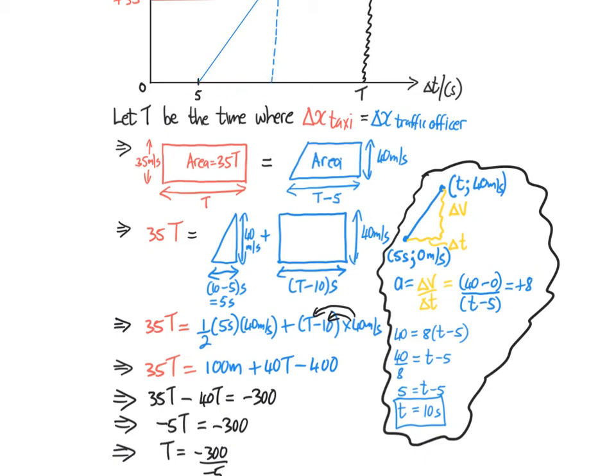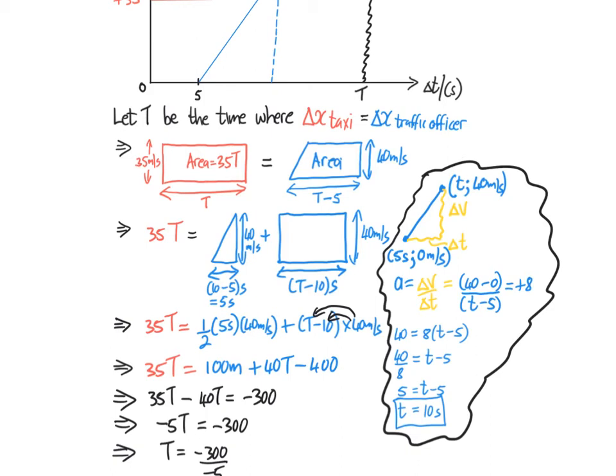And so now rearranging this, 40 equals 8 times t minus 5. We divide by 8: 40 divided by 8 equals t minus 5. 40 divided by 8 is 5. Take the 5 across and t equals 10 seconds. So this is 5 seconds, this is 10 seconds.